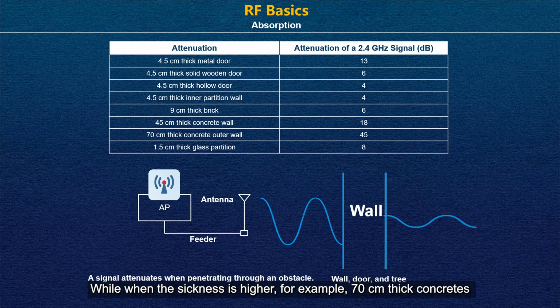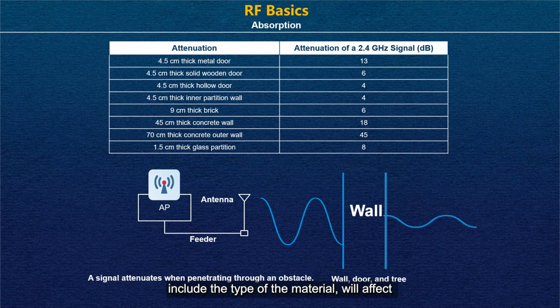When the thickness is higher, for example, a 70 centimeter thick concrete outer wall, it will bring 45 dB attenuation to the signal. So from here, we know that the thickness of the material, and of course the type of the material, will affect how much attenuation it will bring to the signals, right?